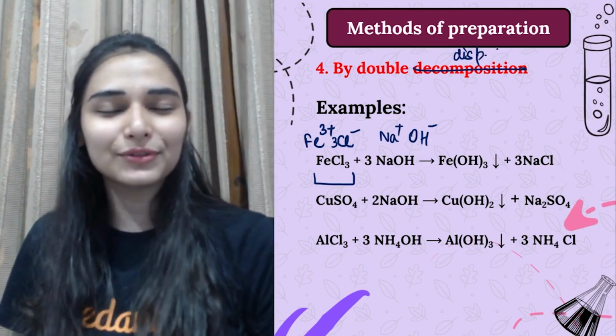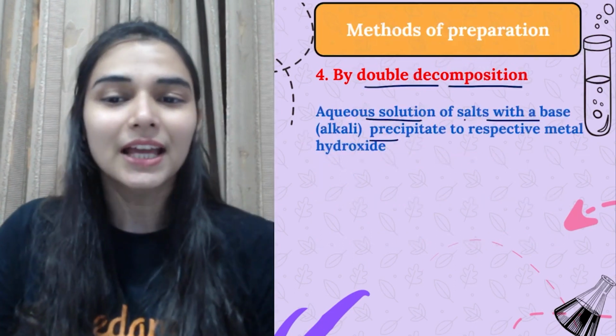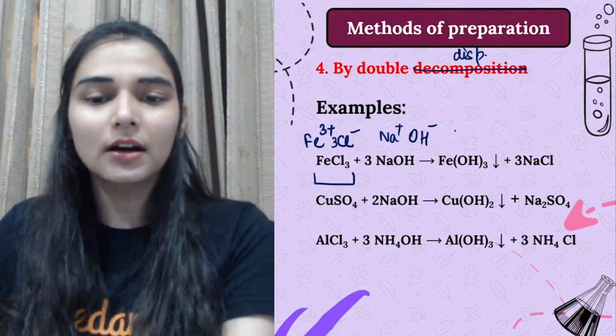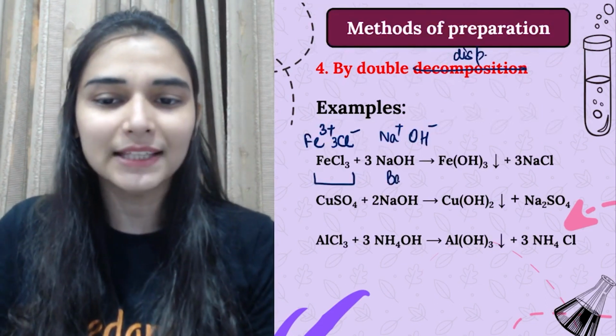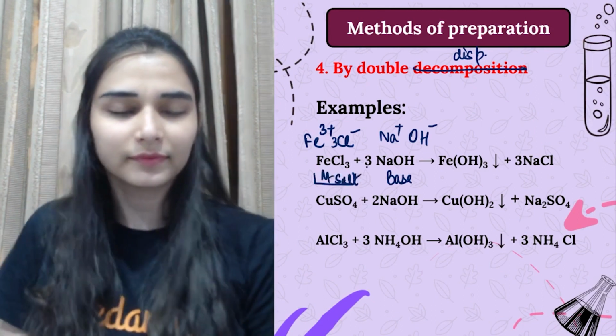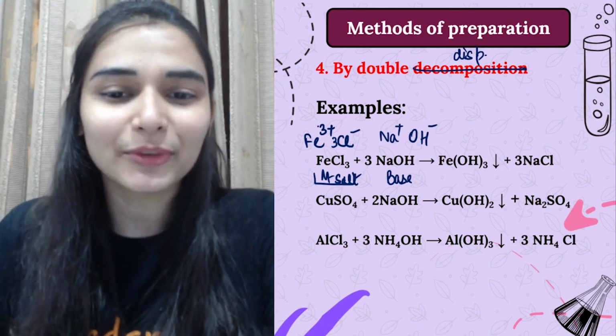So what you have to do, simply exchange the ions of the reactant. So what I have taken is an aqueous solution of a salt with a base. See, this is base and this is my metal salt that I have taken. There would be a simple double displacement reaction. Exchange the ions among the reactants.